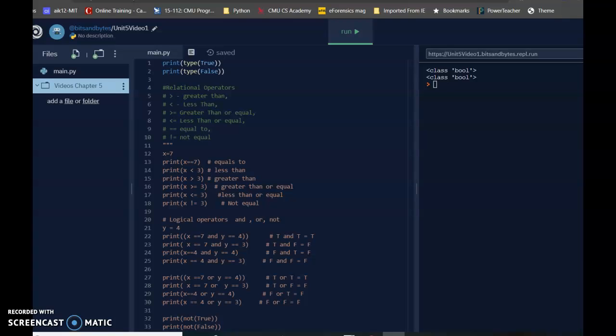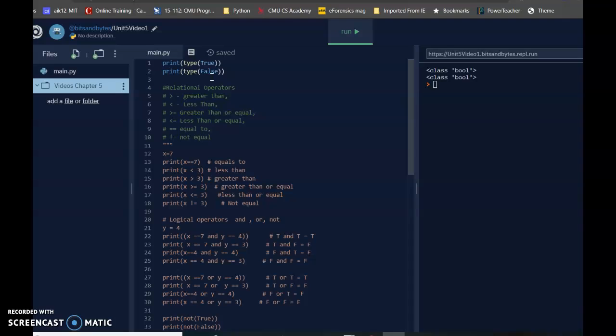Right now I'm using Replit, and if you notice the very top, line 1, I have print type true, print type false. Now we talked about this at the beginning of the year. True and false represent a Boolean variable, and notice it's a capital T for true and a capital F for false.